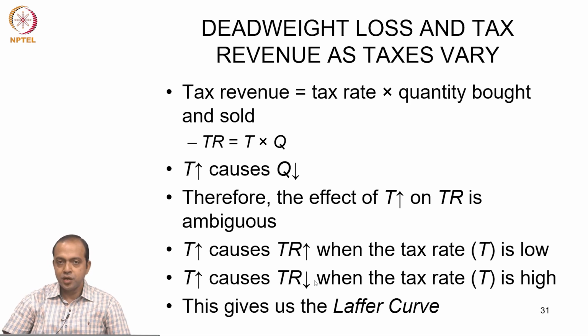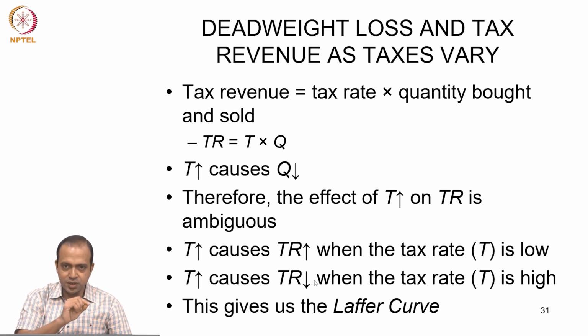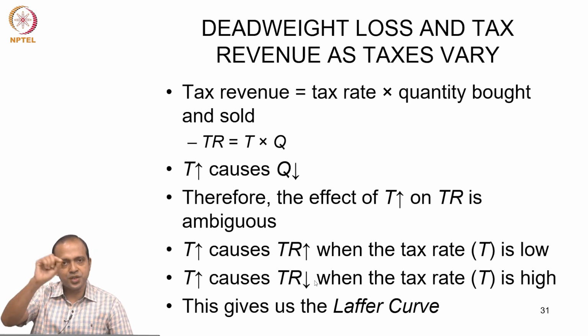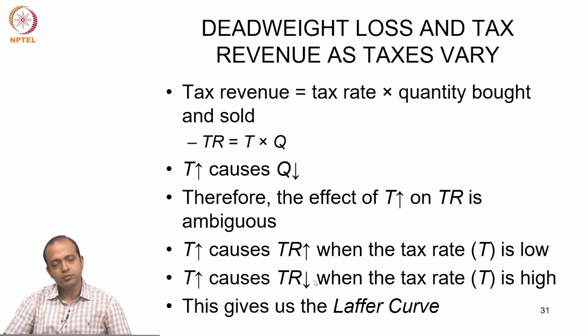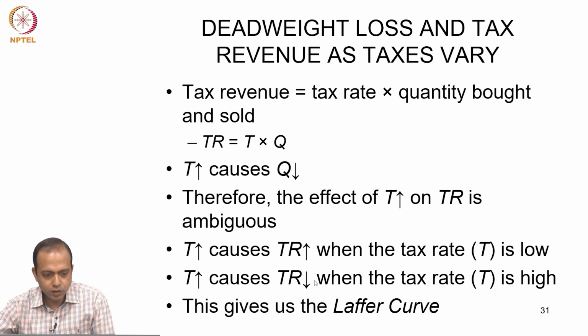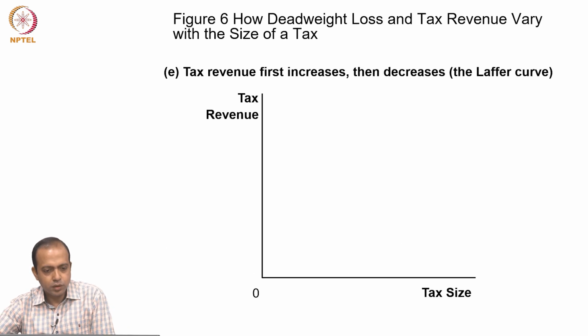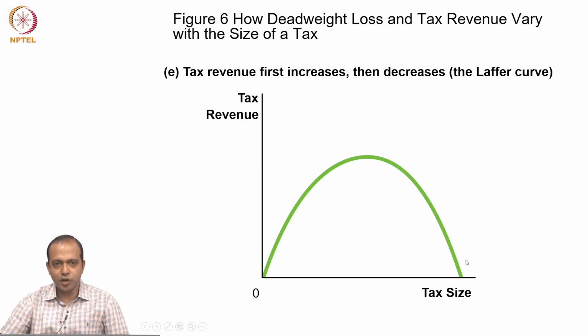Please remember, the inverted U-shaped relationship between tax rate and tax revenue is known as the Laffer curve. As tax rate increases, tax revenue will first increase and then go down. Okay? This is the relationship.